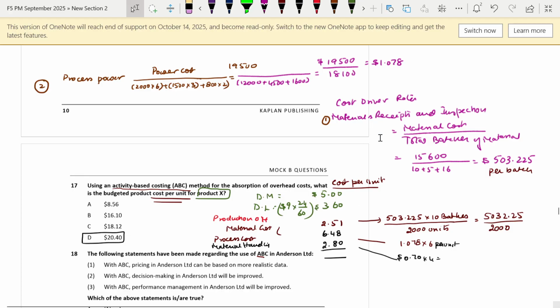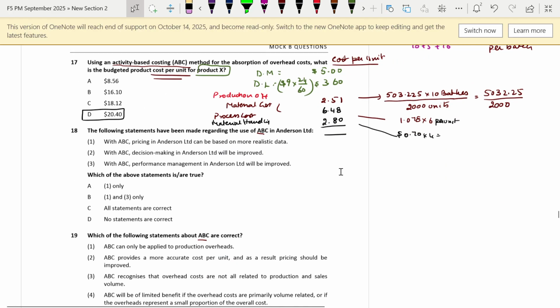Which of the following statements is correct regarding the use of ABC? First one is correct.